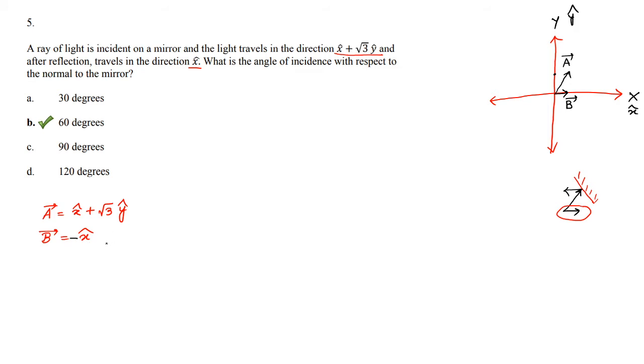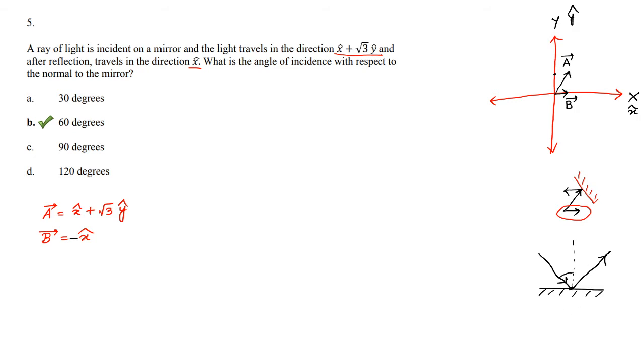And you were asked what is the angle of incidence with respect to the normal to the mirror. So if we draw this again, this is our mirror, this is the incident ray, and this is the reflected ray. And this is the normal at the point of incidence.